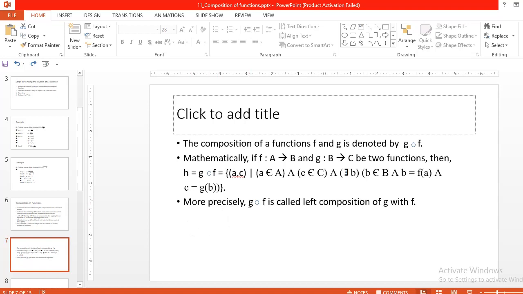So more precisely, g composition f is called the left composition of g with f.